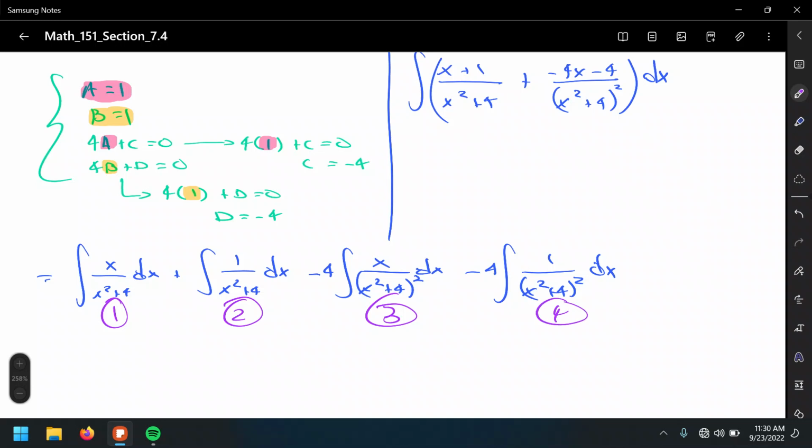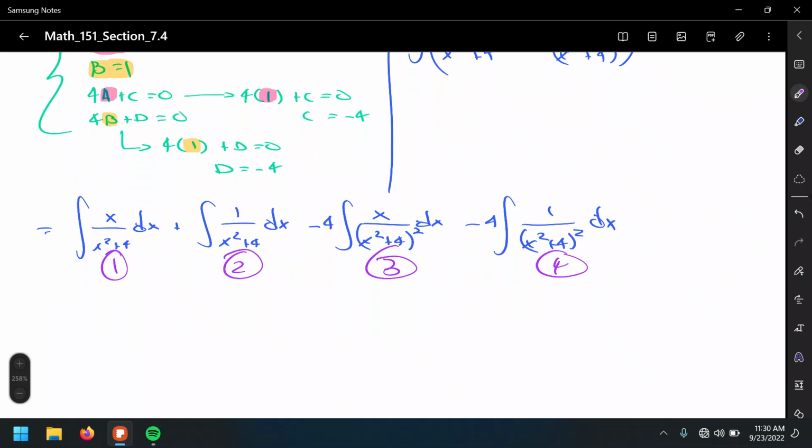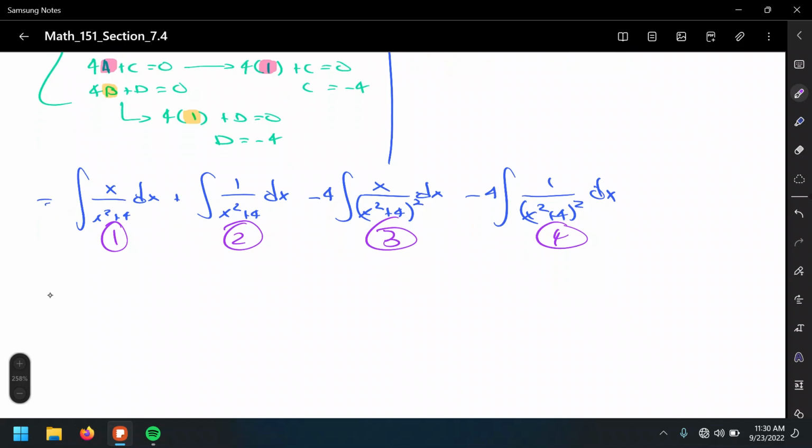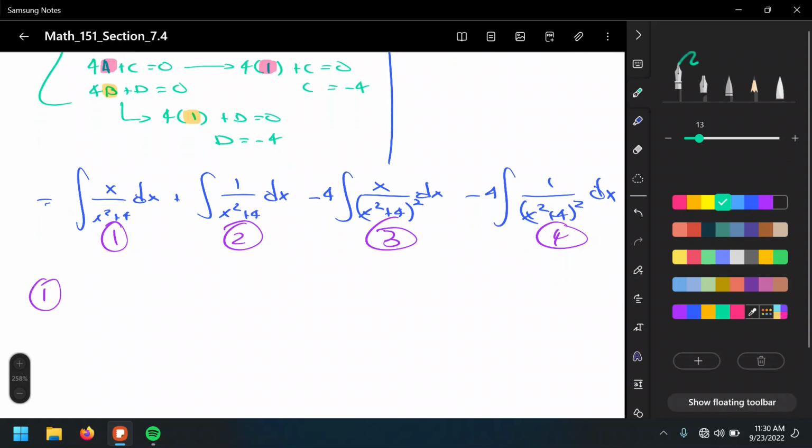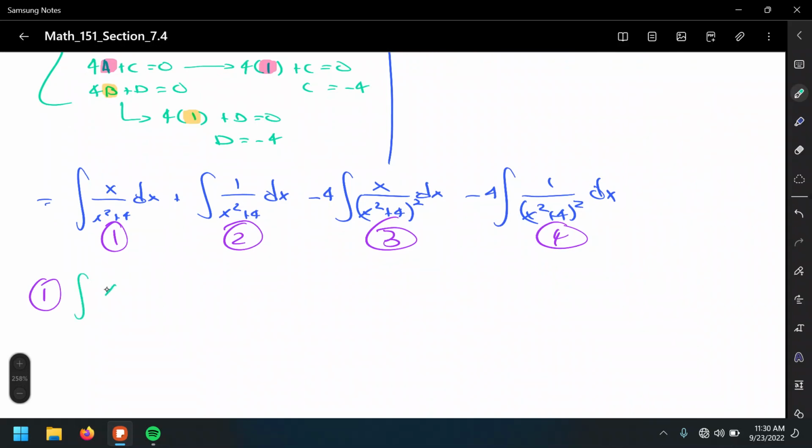Let's do one integral at a time. I know the third and the fourth integrals have a coefficient of 4 in the front. I'm going to skip that coefficient and include it at the end when I put all the results together. So for the first integral, that's the integral of x over x squared plus 4 with respect to x.